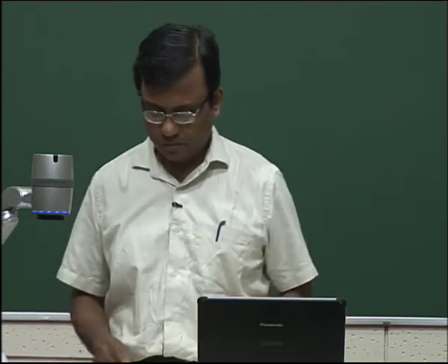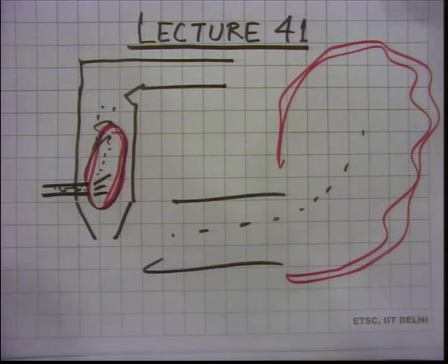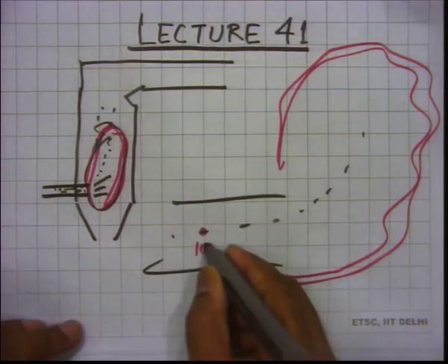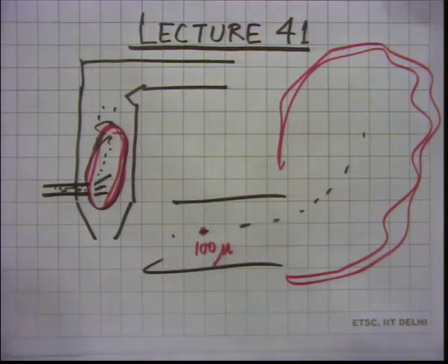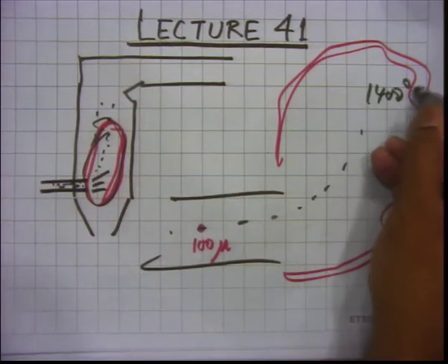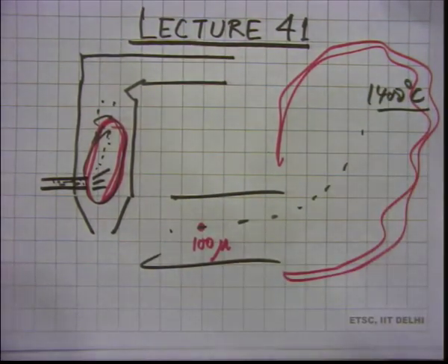So he's talking about one particle, this one, which is 100 micron size, and it flows through the burner nozzle. So let's follow that one. That 100 micron one is going this way, and it encounters a 1400 degree Celsius flame zone. This temperature can be lower than this also, but 1400 degrees Celsius is not a bad number.